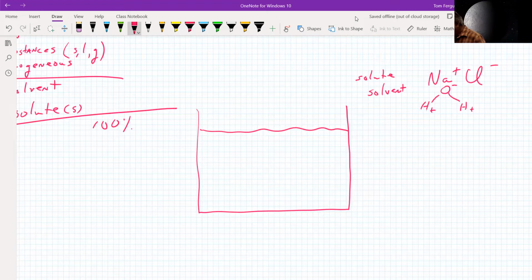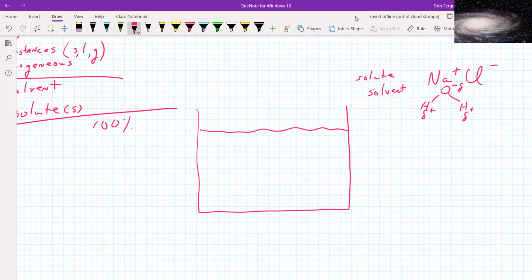And those are partially positive, partially negative. That's what that squiggly thing is all about. You get into partial differential equations in calculus, partial signs in math.